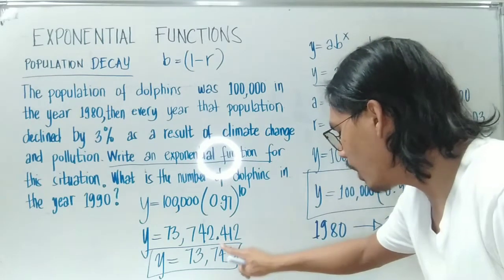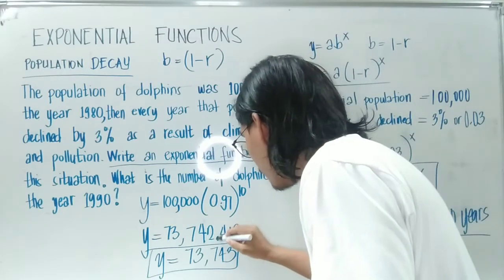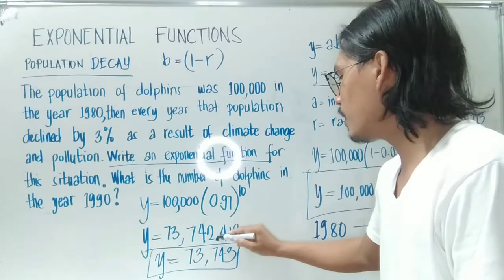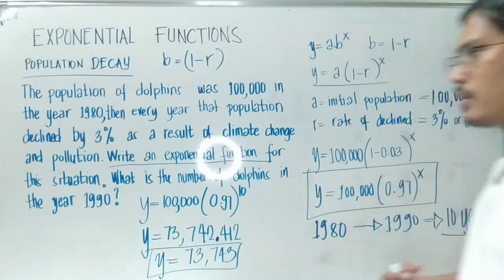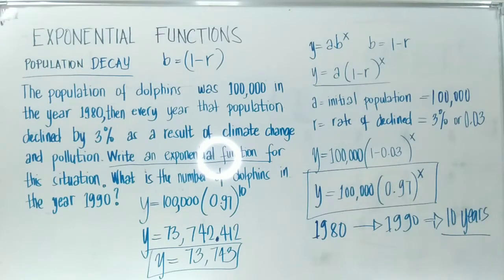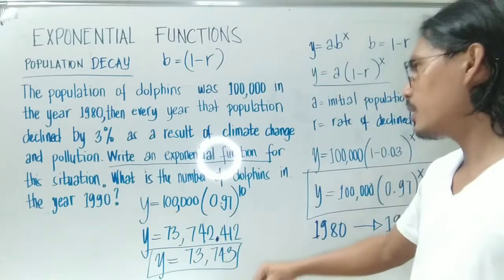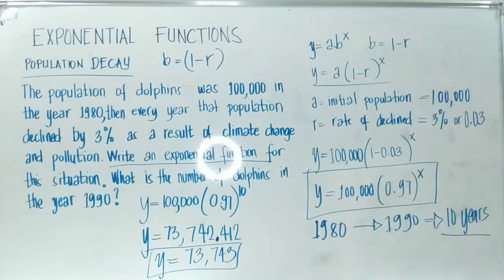So guys, we are rounding off the decimals when we are talking about a population of a certain species, like animals and humans. Okay? So at the end, at the year 1990, the number of dolphins will decrease to 73,743.